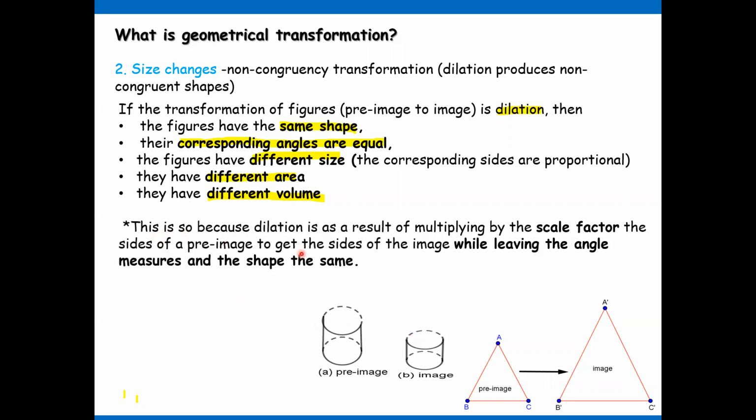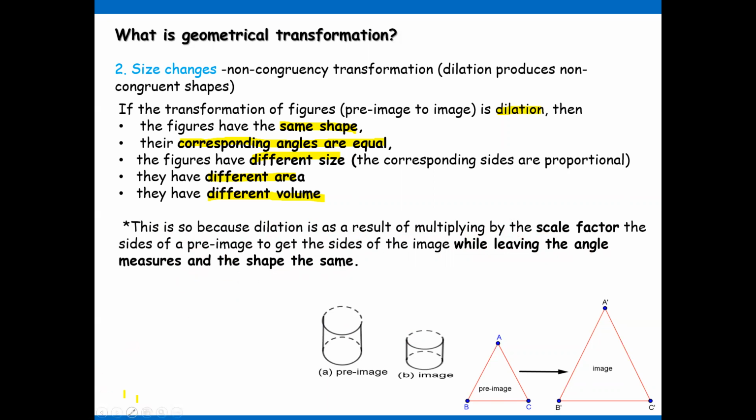This is so because dilation is as a result of multiplying by the scale factor the size of the pre-image to get the size of the image, while leaving the angle measures and the shape the same.